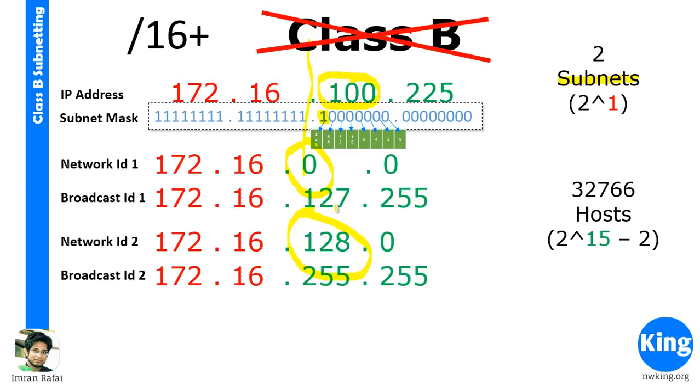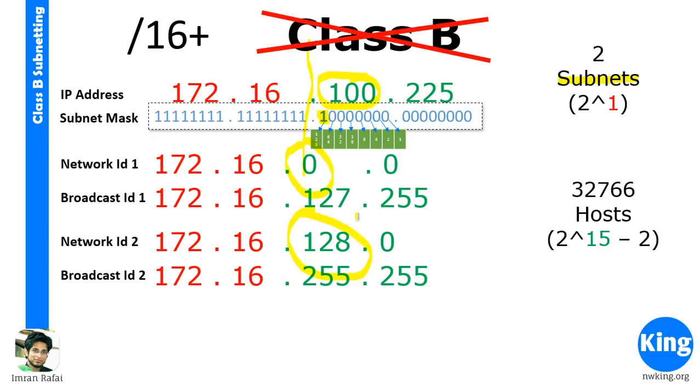So 128.0 minus 1 is 127.255, where 255 is the largest number, right? And the broadcast ID of the last network, as we always know, is making everything as 255. Like the first network ID is 0.0, the last broadcast ID is 255.255. It's very, very simple, isn't it?